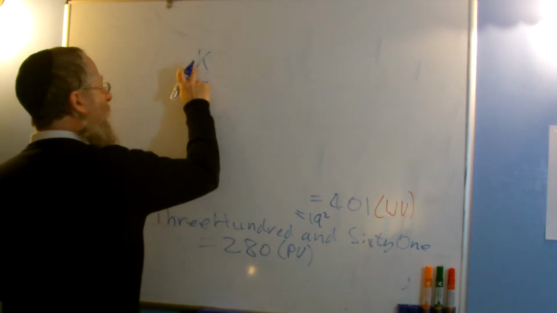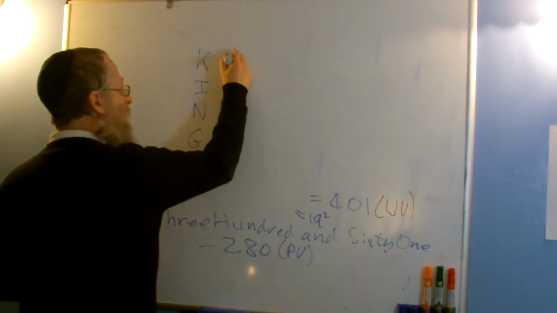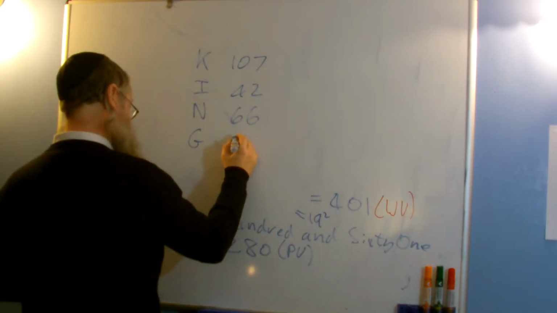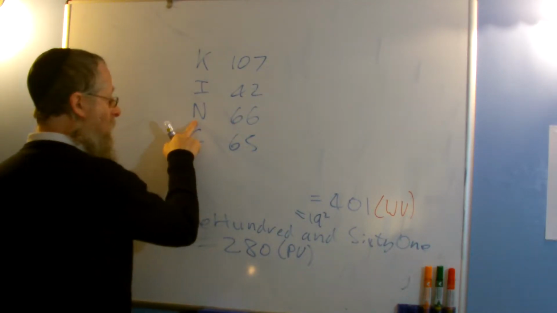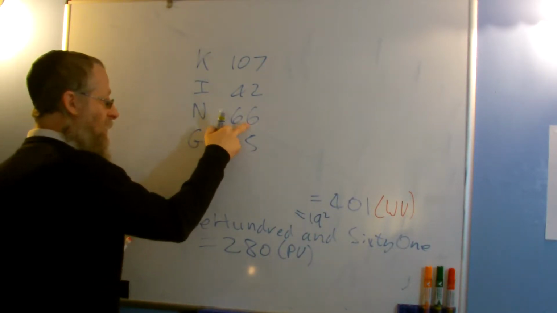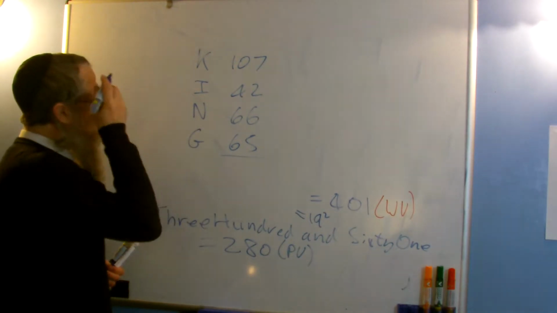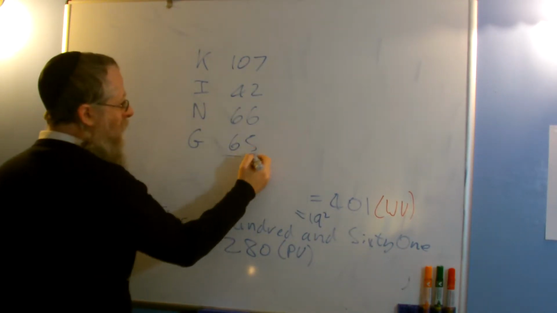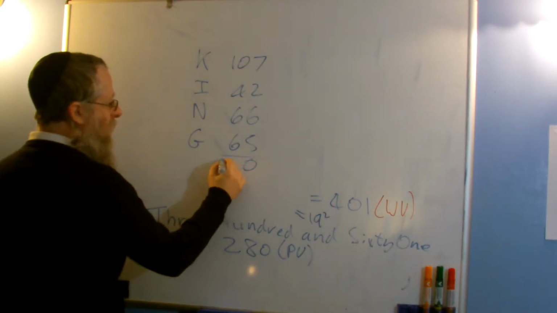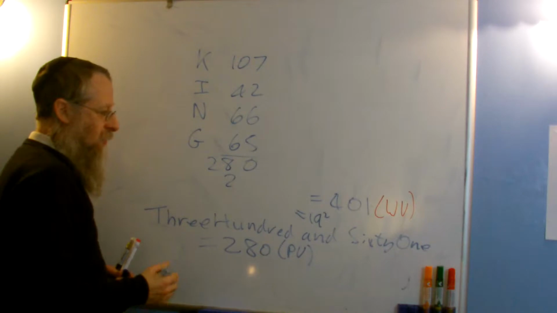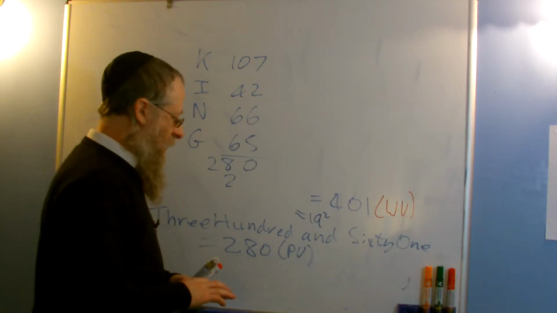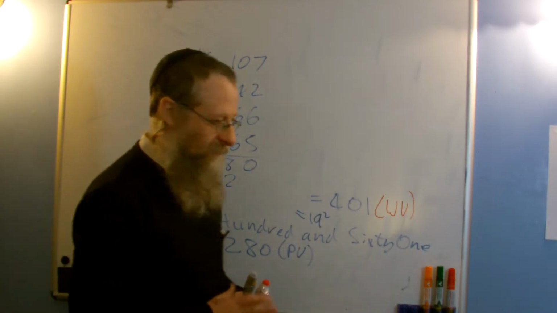Again, the normal values, K is 20, this is 42, this is 66, and this is 65, and N is 14, but the normal value is 50. If I now add that together, I got 28. So I've got a connection between David and King and David and the flag of Israel.